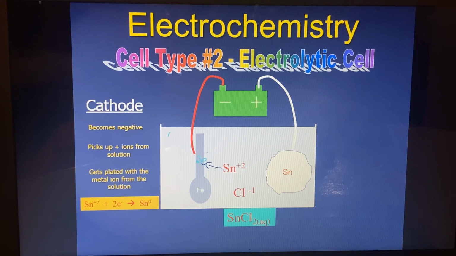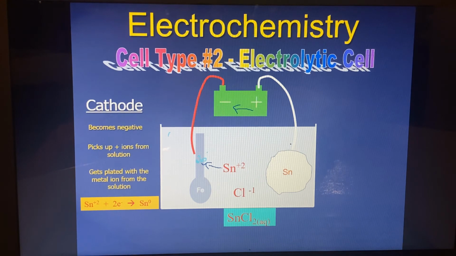But here at the cathode, the red cat gets fat, just like in the voltaic cell, things are reduced. So we're going to take the 2 electrons coming into the spoon plus the tin ions from solution, and they're going to reduce into a tin atom and be placed on the spoon. Over here, because the battery is forcing electrons in this direction, the electrons are going out the negative terminal, so it's got to replace its electrons with electrons from the tin.